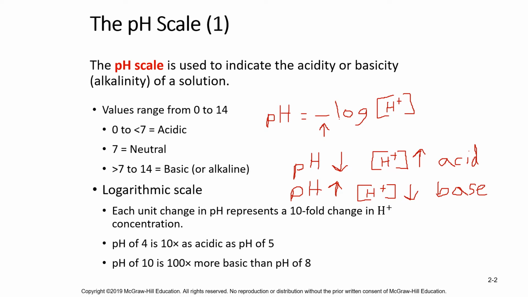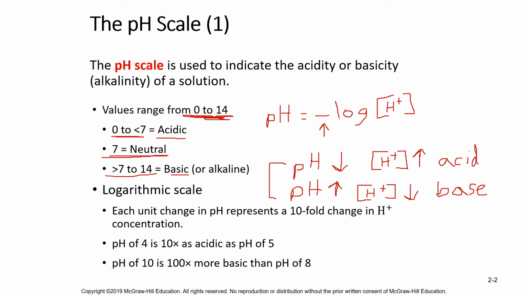And then the log scale means it's nice numbers from 0 to 14. Again, anything low on the scale is acidic, which is what I just went over here. Anything high on the scale is basic, and alkaline is just an old-fashioned term for basic. And then right at 7 is neutral.